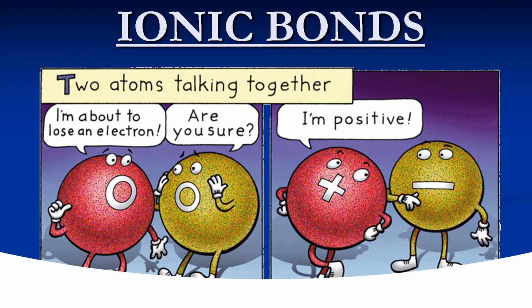Now, the red color atom is about to lose an electron, and the golden color atom is about to gain the electron, or to get that electron coming from that other atom.